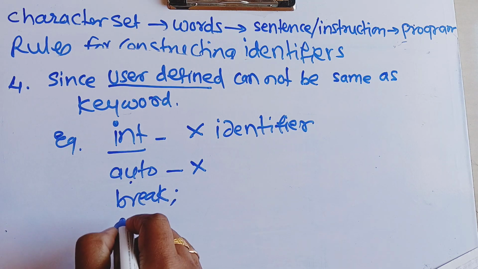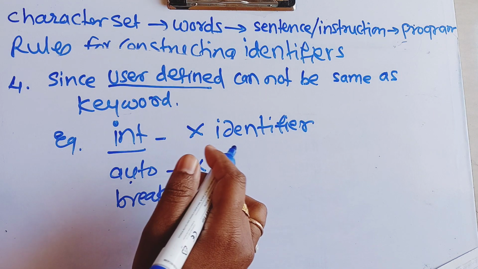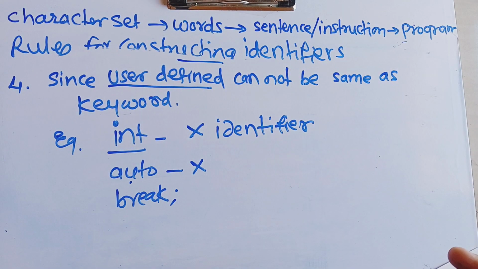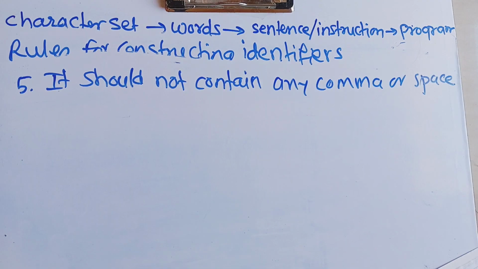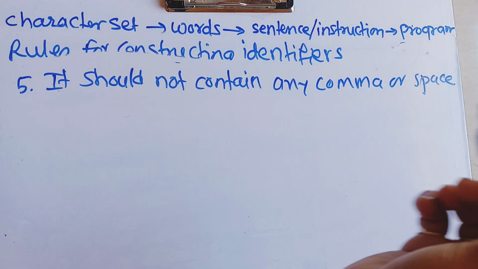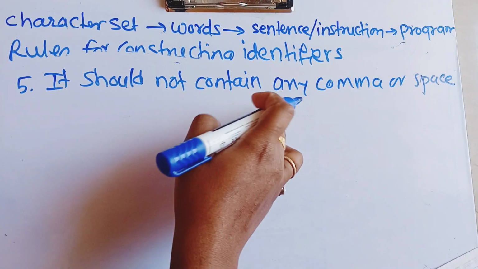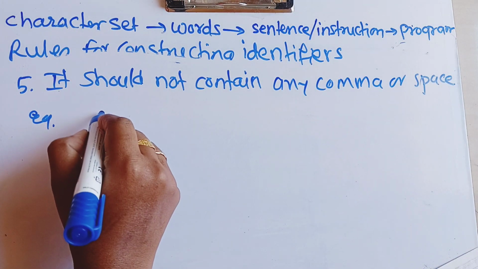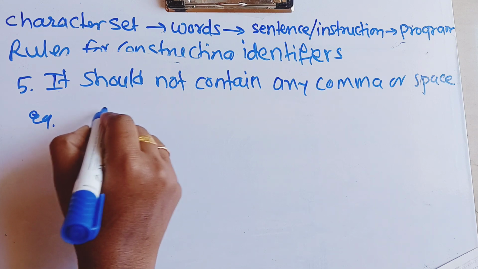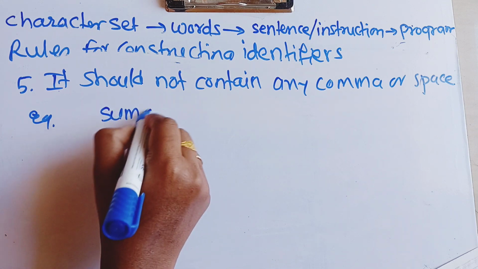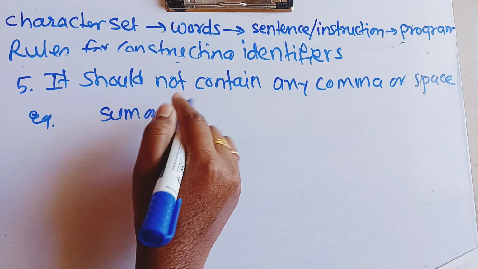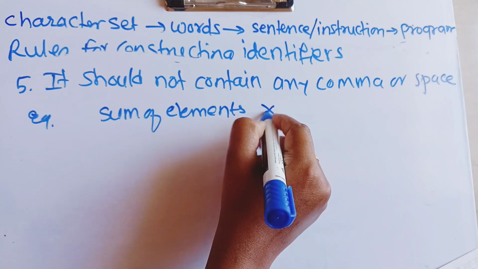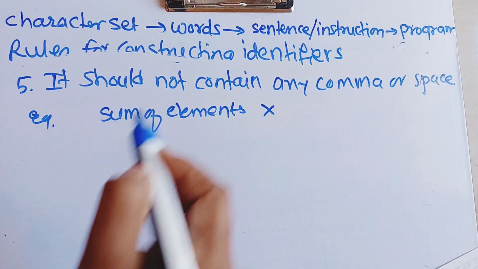I hope you understood about identifiers. These are the rules which are used to construct identifiers. We will take a few more examples. The next rule is it should not contain any comma or space. For example, sum of elements is not a valid identifier since it has spaces in between.